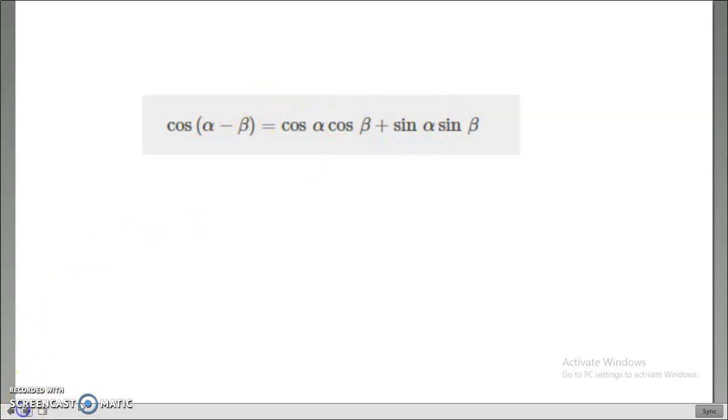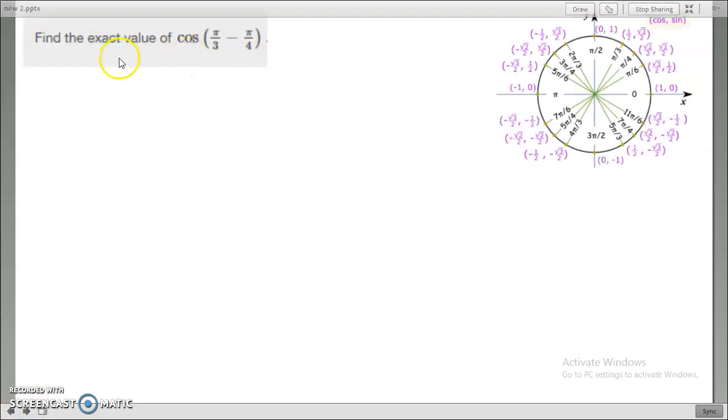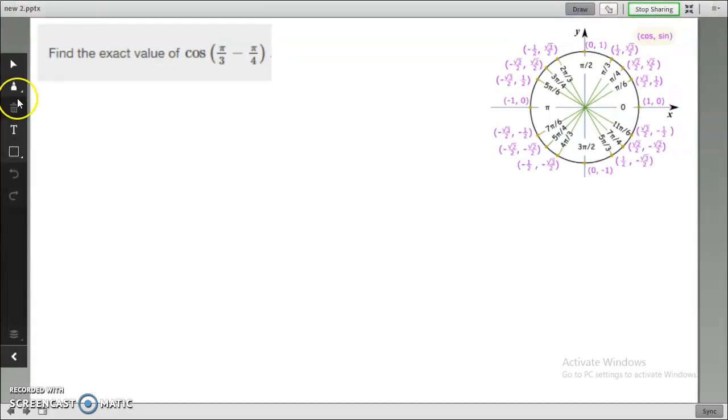So let's do that. So I have the function here again. And I pulled up the unit circle to kind of cheat a little bit. I hope that's okay. Let me pull up my pen. Sorry about that. So let's go ahead and plug it into our formula.